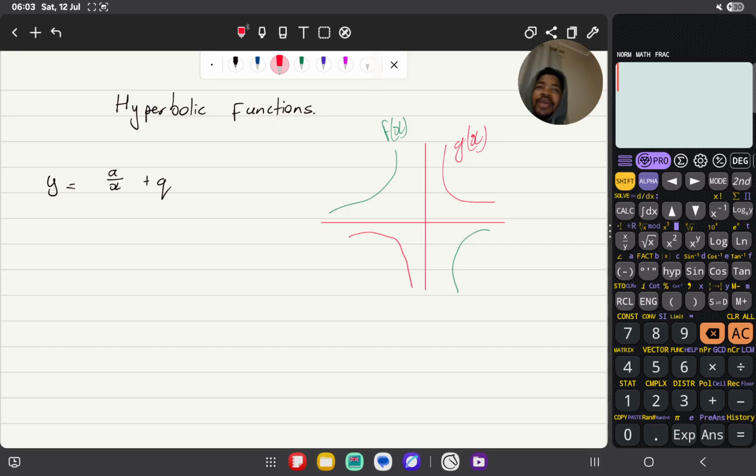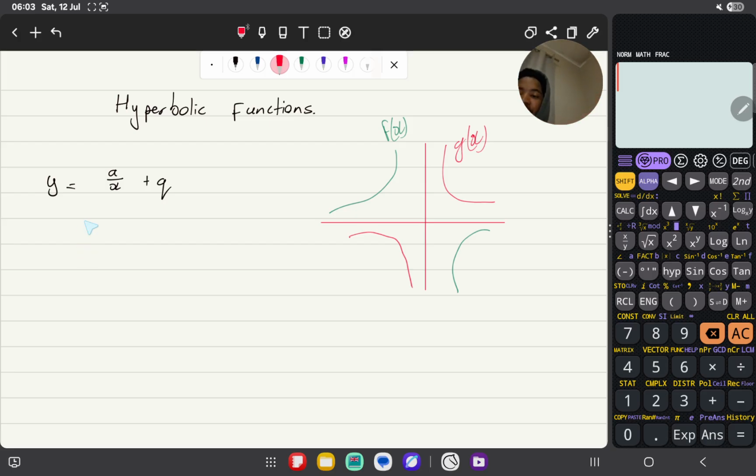But if we have one variable, which is x, and the highest power is 2, then we know it's a quadratic equation. But now for a hyperbola, this is basically how you spot a hyperbola.